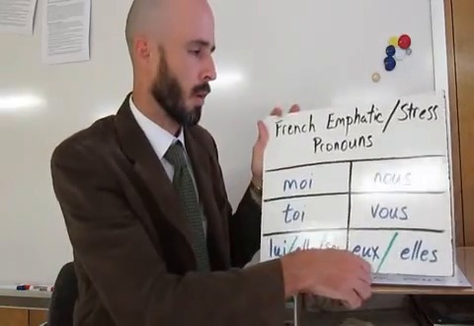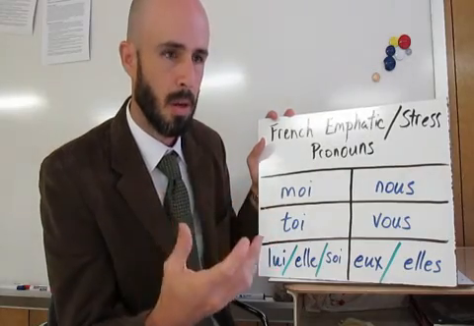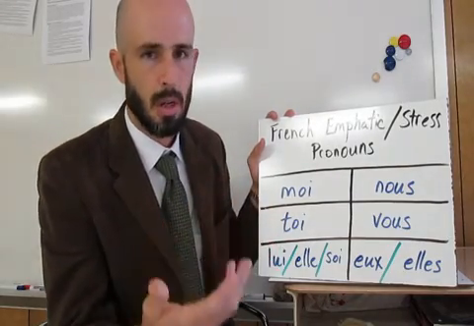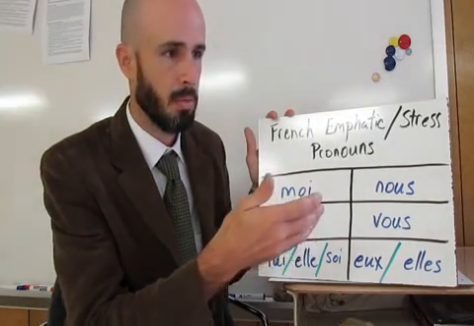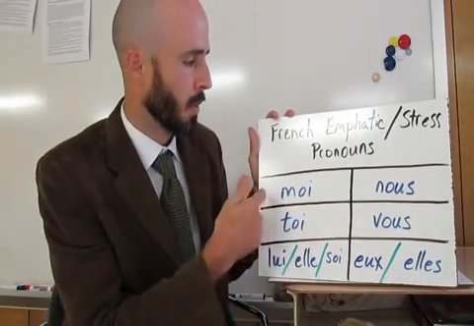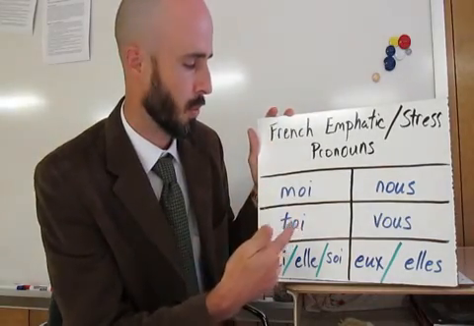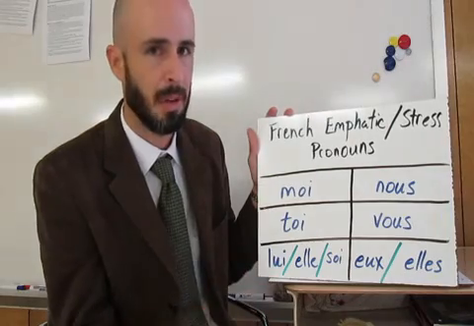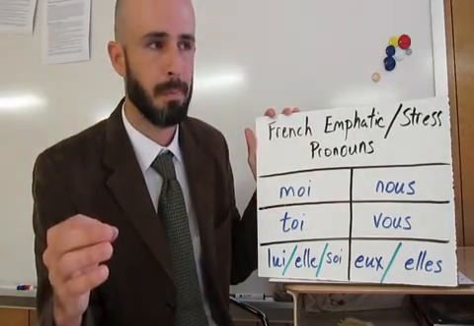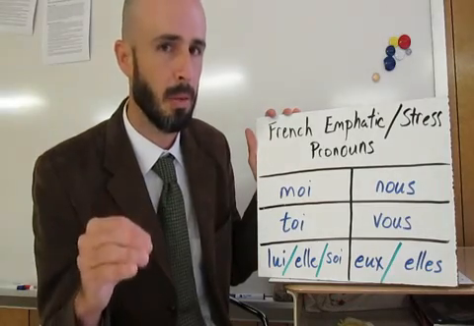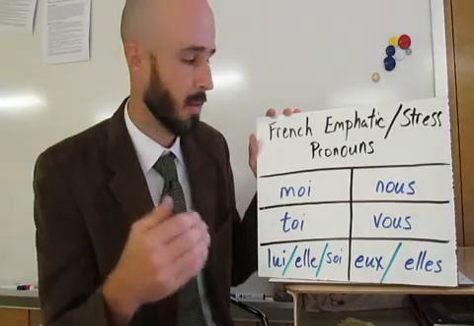When we're using a compound subject, like you and I, he and I, she and I, you and her, we use what we call an emphatic or stress pronoun in French. Here are those forms. You just have to get those down. This is above and beyond the minimum that we need right now, but if you're a high achiever, you may enjoy getting this down.